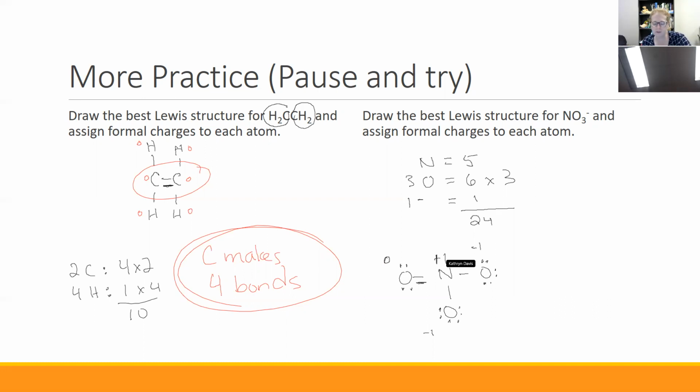That's as good as it's going to get at this point because this nitrogen is now touching 2, 4, 6, 8 electrons, so that's not going to get any farther. But it was kind of arbitrary that I picked this oxygen on the left. I could have just as easily drawn this structure, or the one at the bottom.